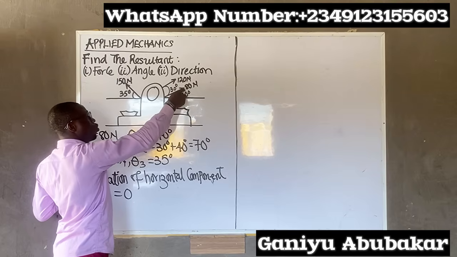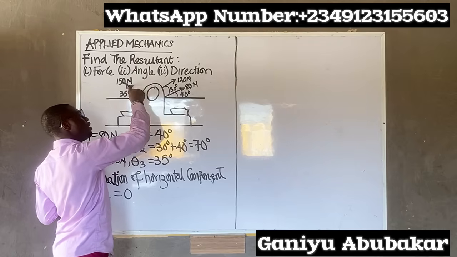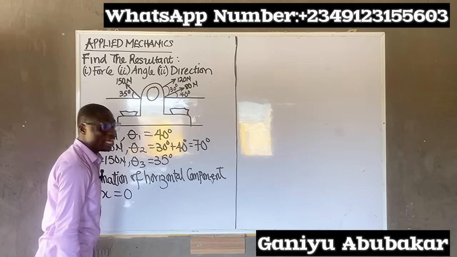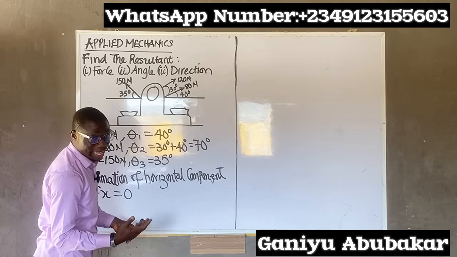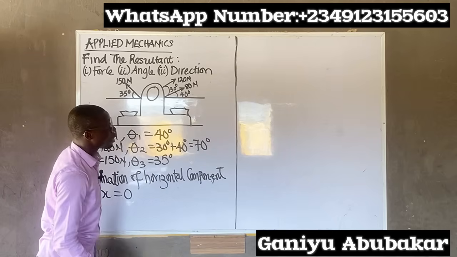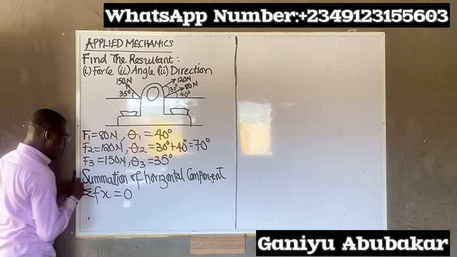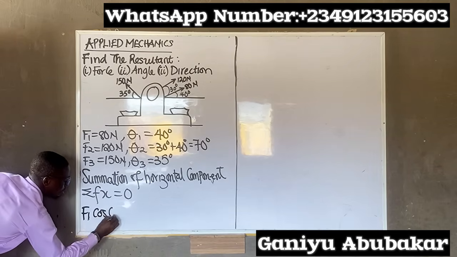If I resolve the forces to the horizontal, first note that F1, F2, F3 are all inclined at an angle to the horizontal. It means they will all be cos theta, because all the angles are lying on the horizontal. So F1 to the horizontal becomes F1 cos theta 1.